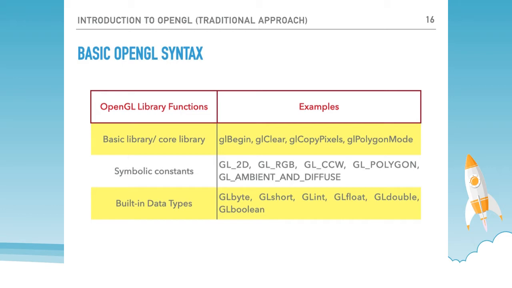The second one: certain functions require that one or more of their arguments be assigned a symbolic constant specifying, for instance, a parameter name, a value for a parameter or a particular mode. Now, all such constants begin with the uppercase letters GL.